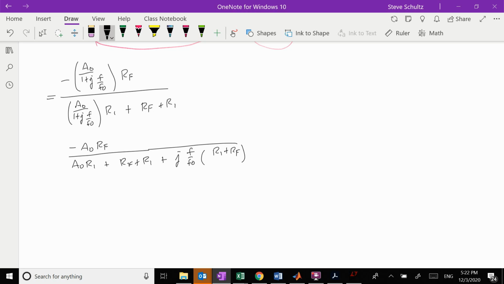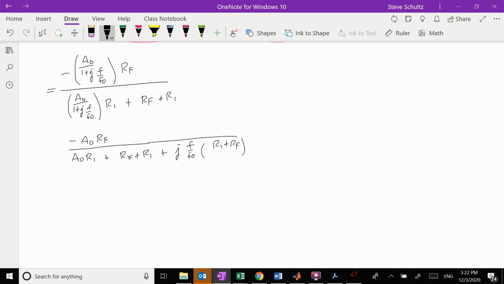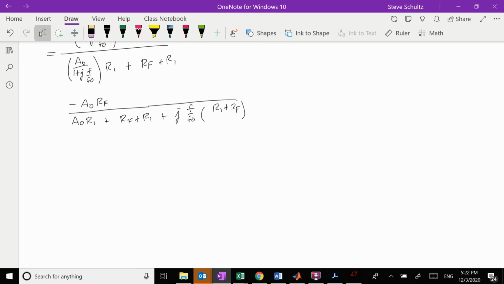Okay, so then like we did before, we want to get the bottom in terms of a 1 plus jf over f. So before we do that, these two are going to be negligible because the A naught times R1 is much, much bigger than RF and the R1.